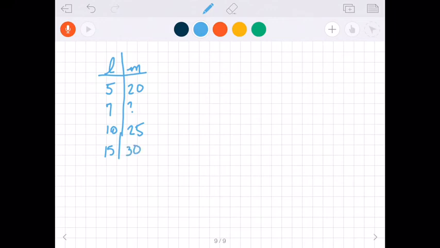So what we have to figure out is what is happening each time. It doesn't appear to be any kind of a multiplication function, because 4 times 5 is 20, but 4 times 10 is 40. So that doesn't make sense for this function to be multiplication. So then we have to think of addition. What plus 5 equals 20? Well, 5 plus 15 equals 20.